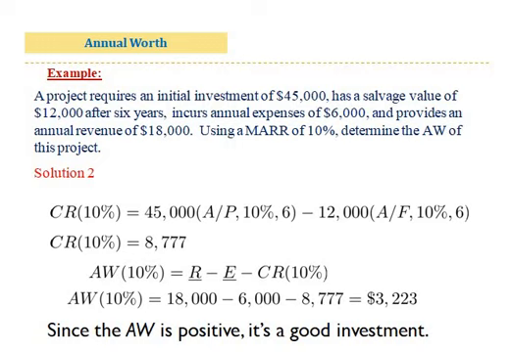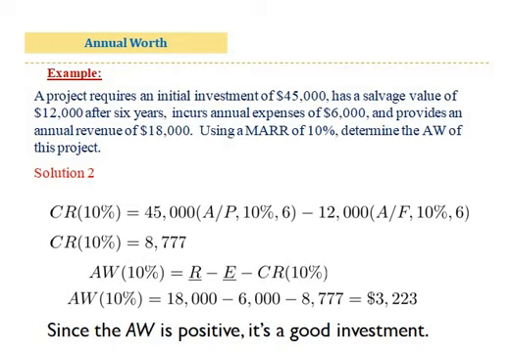So I will say annual worth is 18,000 minus the expenses of 6,000 minus the cost of the capital recovery, which is 8,777. And you will see that we got the same answer as the first method. So this is a positive value, so this is a good investment.